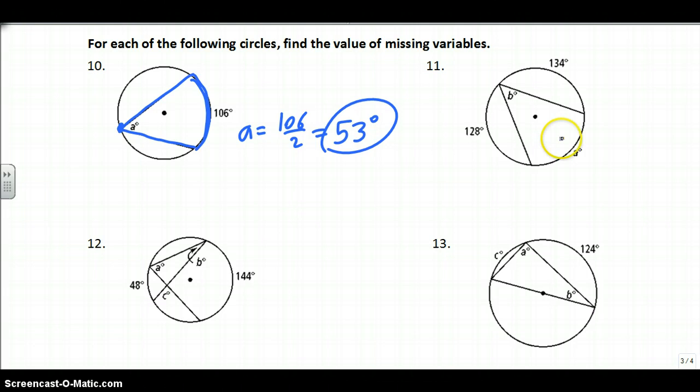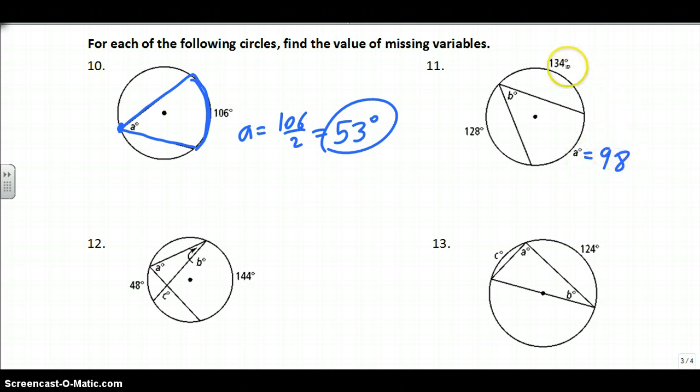Number 11 is very similar, only now you need to get this arc and then take half of it to get B. I noticed that the whole circle has to add up to 360. I'm missing A, so I take 128 plus 134, which is 262, and 360 minus 262 gives me A, which is 98.